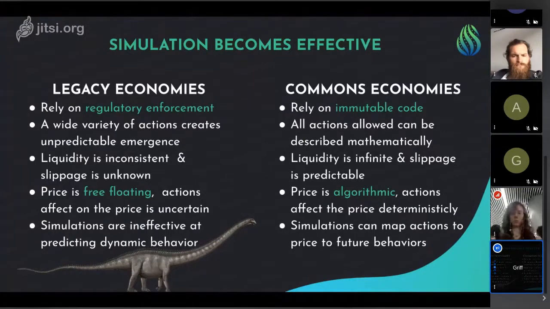But in a normal crypto economy, you still have this issue where you don't know how much money you're going to get for your tokens. And you don't know how your behaviors will change the price for everybody else, because there's such a huge variable in the amount of liquidity in that secondary market.